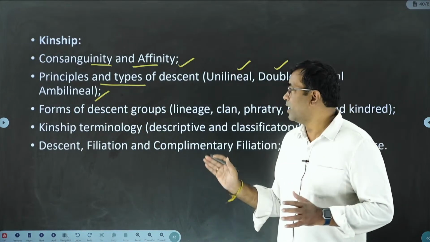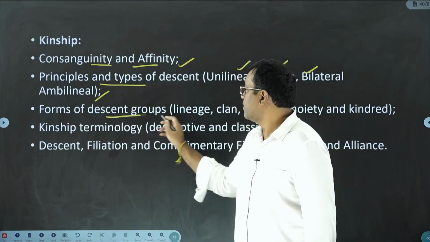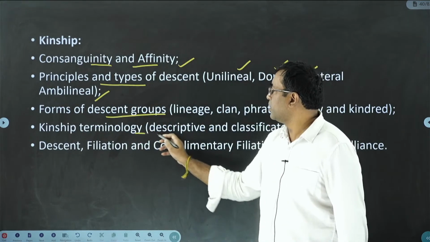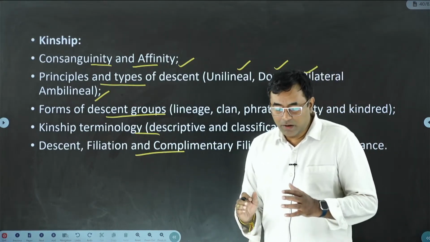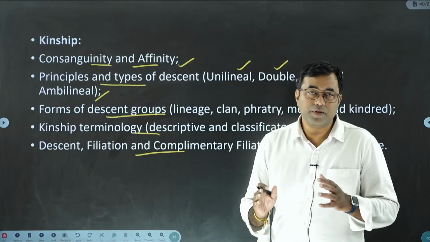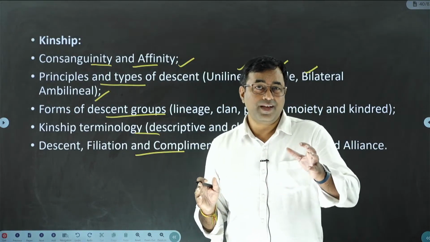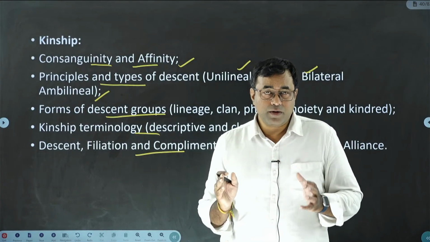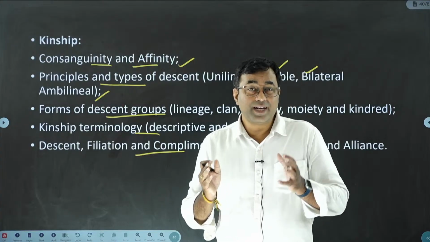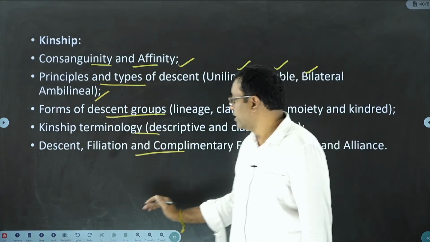We will try to understand them with respect to principles and types of descent, forms of descent groups, kinship terminology, descent, filiation and complementary filiation. This particular chapter will give you the understanding of how people should be recognized, how they are related, what different types of groups they have formed, and what rules they have created will be discussed as part of kinship. That is the point you need to remember.